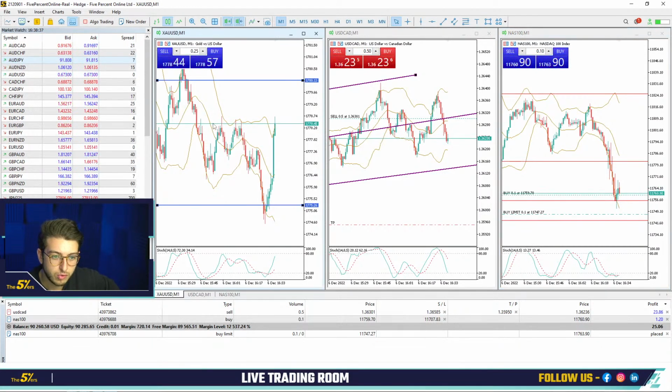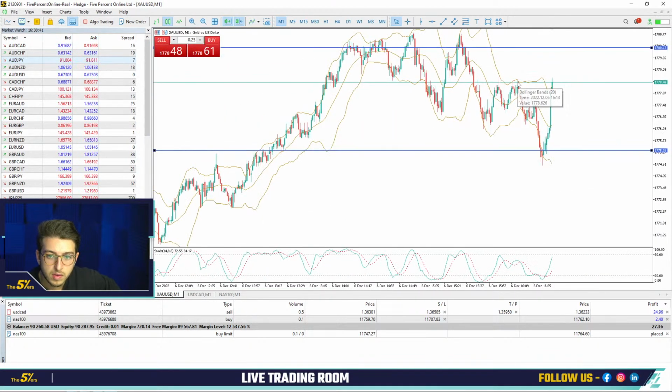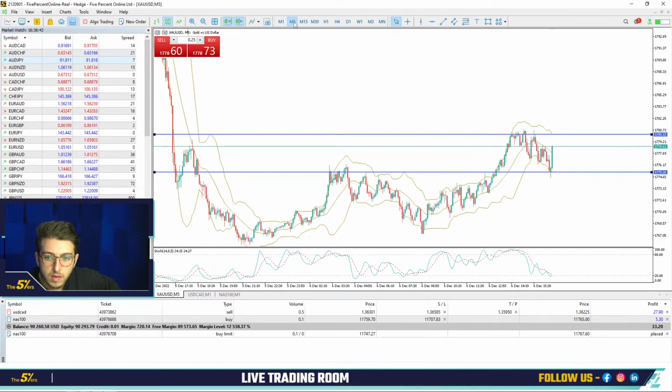This can also be a zone in gold, for example, in M1. Well, it created a huge demand here.